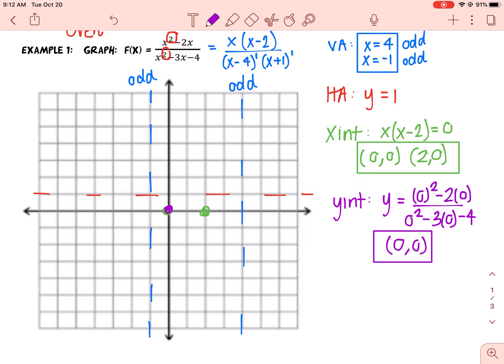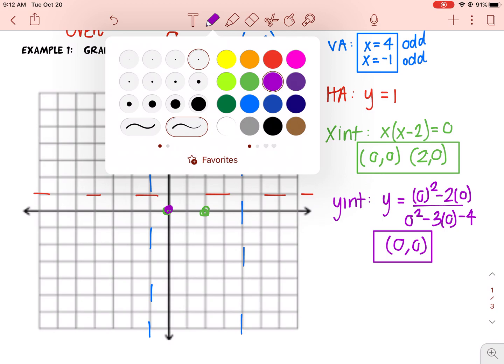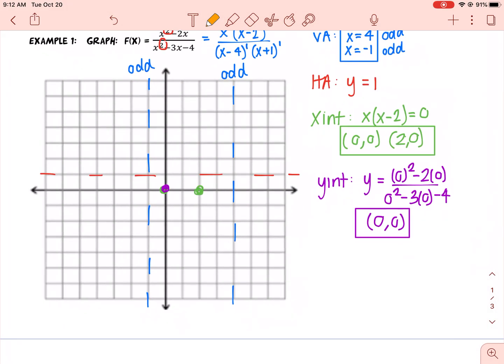Moving on, multiplicity. Well, we know both of them are odd, so we're going to approach in different directions. But this isn't a lot for me to tell me what the graph's going to look like. So I need to do my XY table. Okay, let's plug in some points. You want to pick some points in each area to figure out what the curve's going to look like.